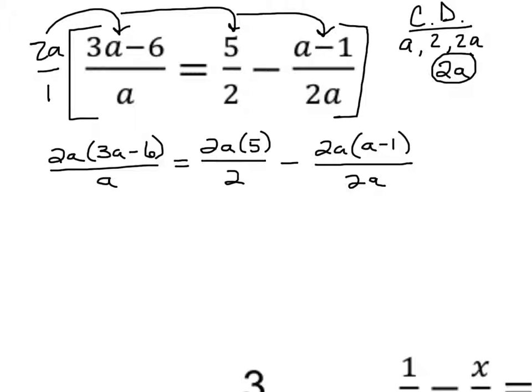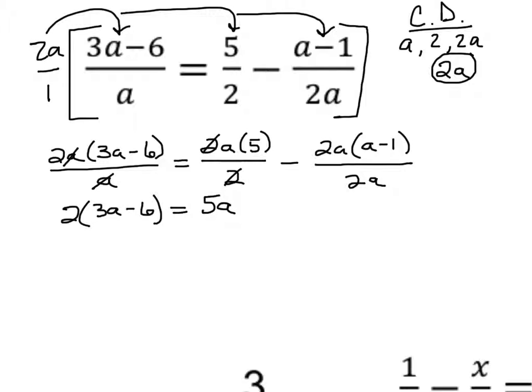Now I'm going to cancel things that are the same on the top and the bottom. I cancel this a with this a, and I'm left with, you'll notice, no fraction anymore: 2 times the quantity 3a minus 6. Over here, I cancel the 2's and I'm left with just a times 5, or 5a.